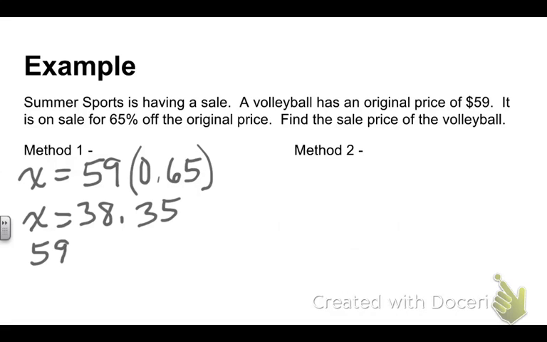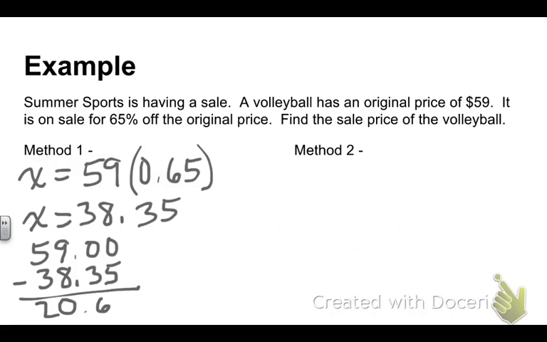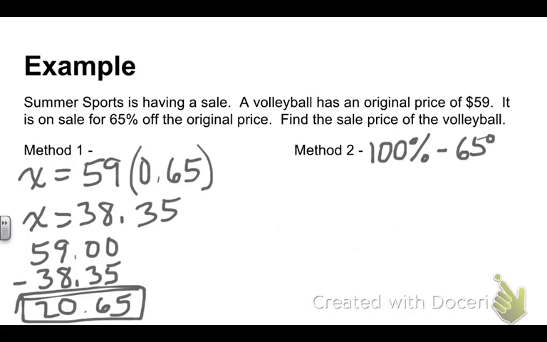So if you take $59 and subtract what you're saving, you get $20.65. That is the sale price, what the store is going to sell it for. Now, method two says take 100% of the original price and subtract the discount, which is 65%, so you're only paying 35% of what it costs.